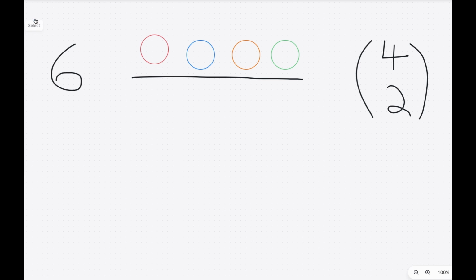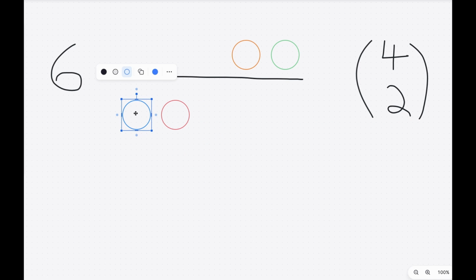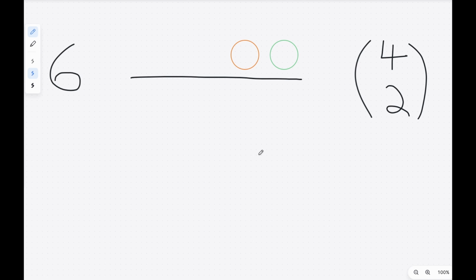There are only 6 because we can't count red and blue and blue and red as different sets, because they're the same set. In a set, the order doesn't matter. We're only looking at what's there, not its order. So there are no repeats of the same 2 things in different orders.